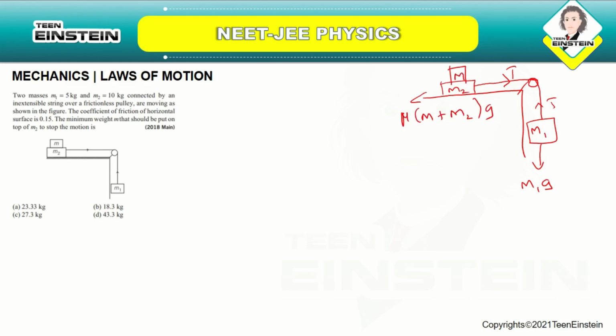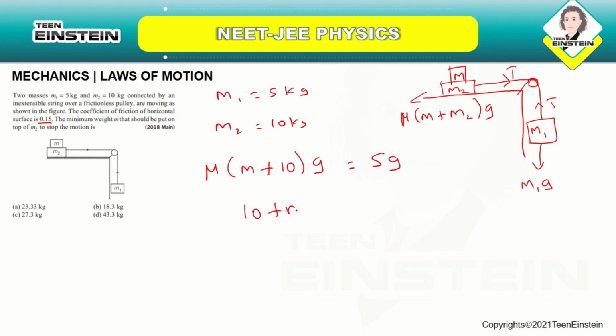Here you are going to substitute the values of m1 equal to 5 kg and m2 equal to 10 kg. So mu into m plus 10 into g is equal to 5g, because m1 into g is 5g. The g and g will get cancelled, and the mu value is 0.15, as given.